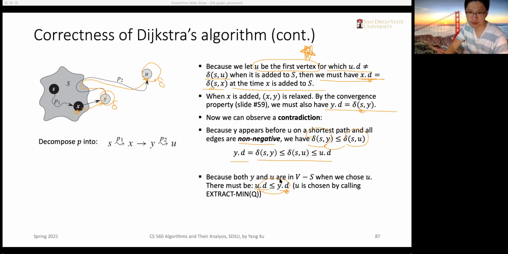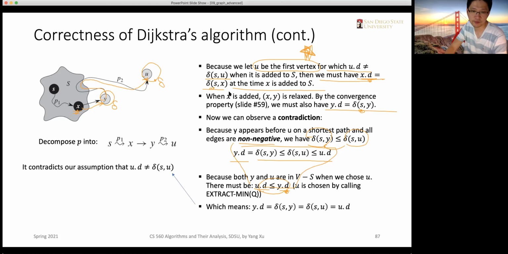So in order to have these two inequalities both valid, we must have the d value of Y equal the d value of U, right? But that apparently violates our assumption, because we assumed that the d value doesn't equal delta, which further means that our assumption is incorrect.